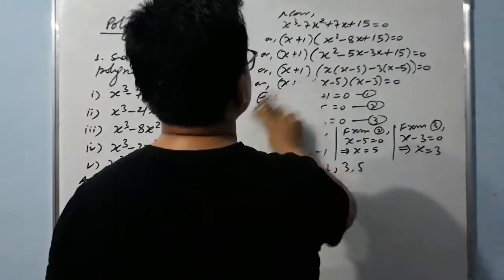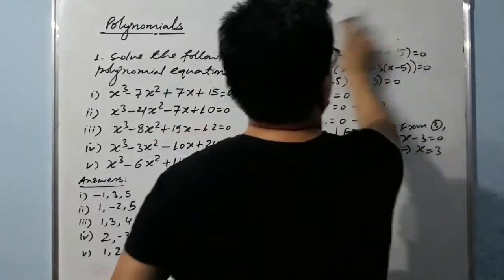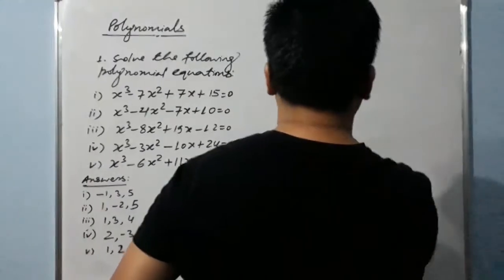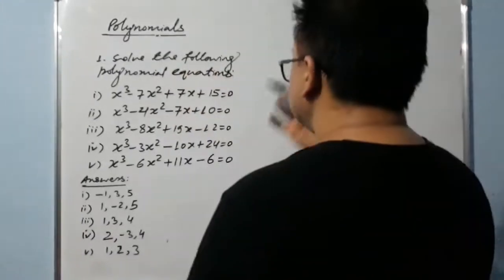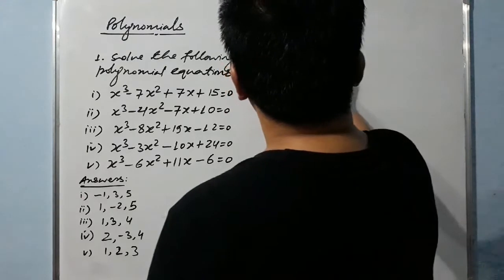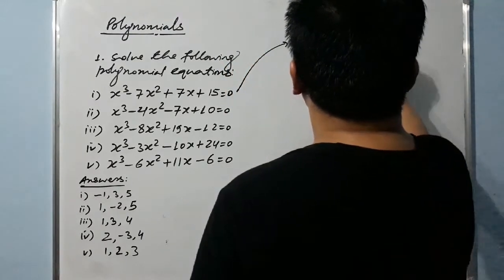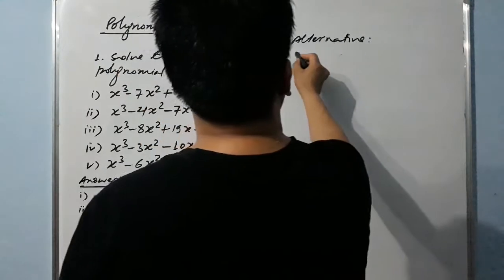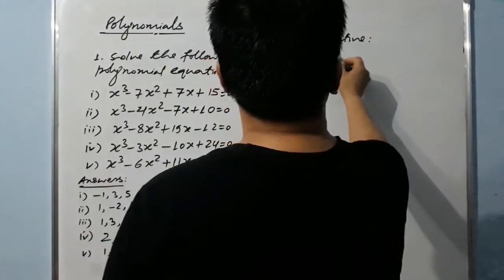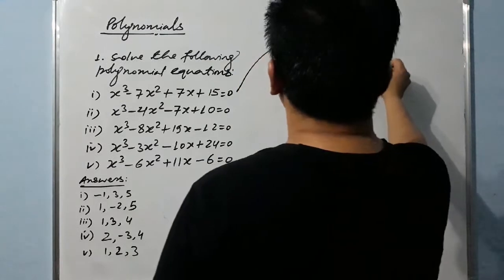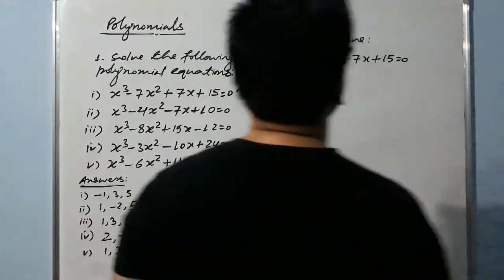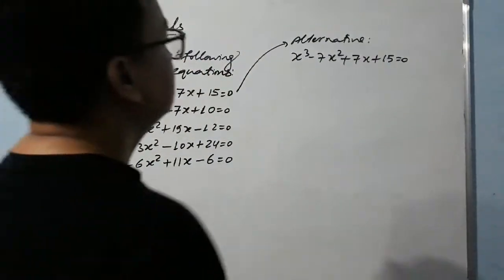Now I'm going to the second method, alternative: x cube minus 7x squared plus 7x plus 15 is equal to 0.